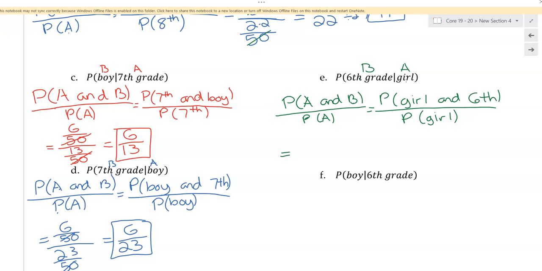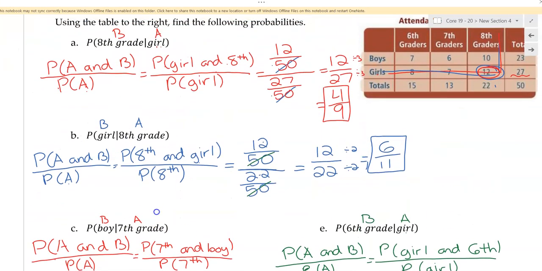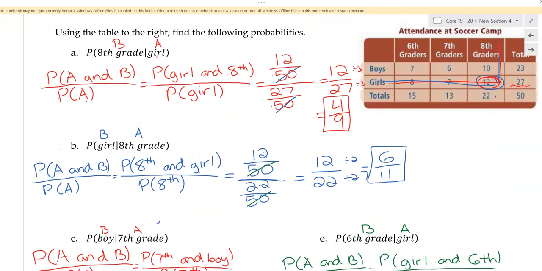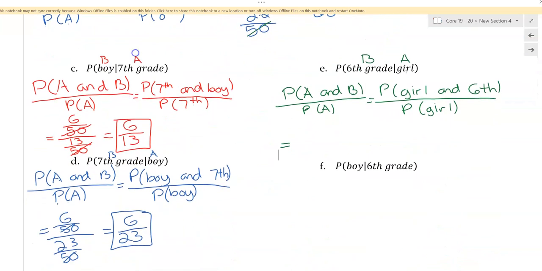Which equals, well, the probability of girl and 6, again, if I look at my table, if you're a girl and in 6th grade, there's 8 of you. So 8 out of 50 are girls that are in 6th grade.